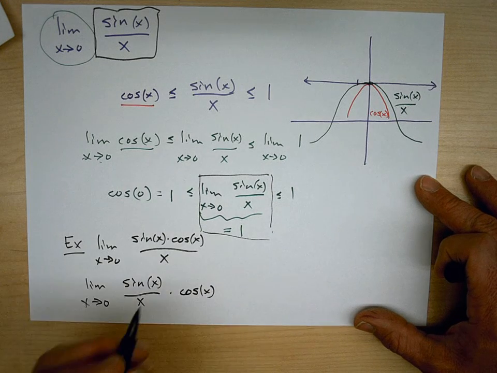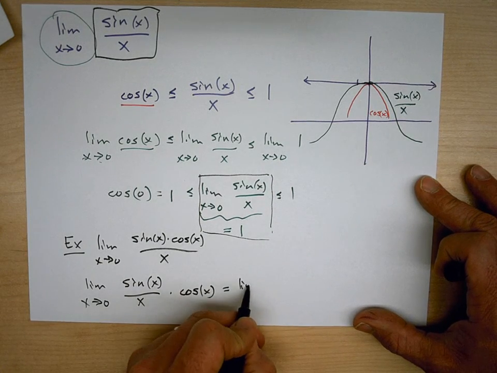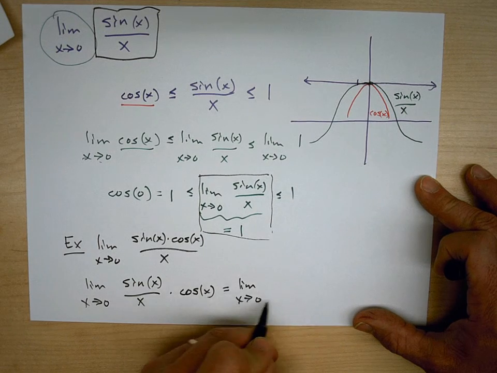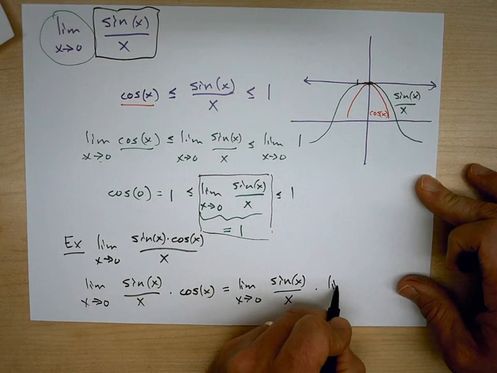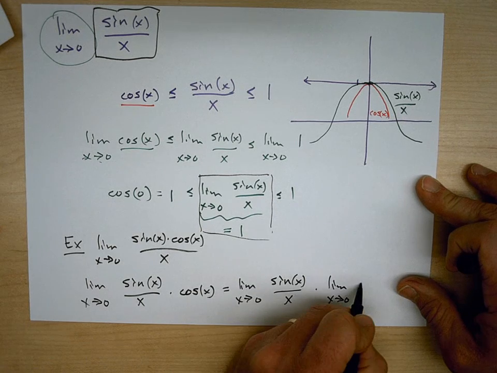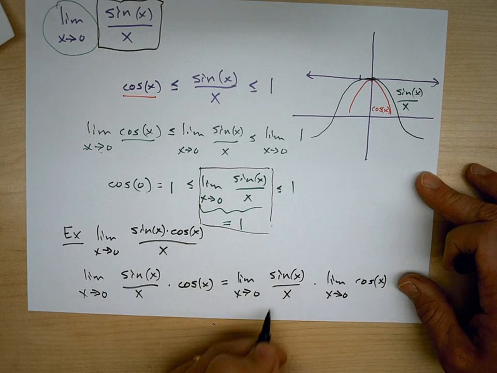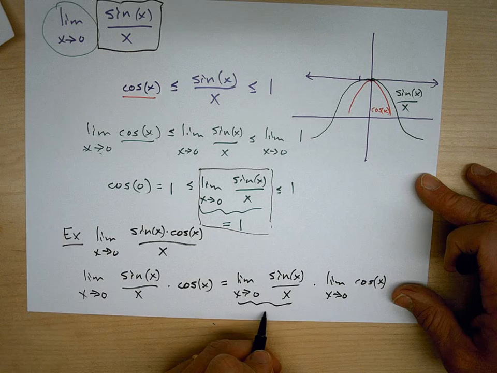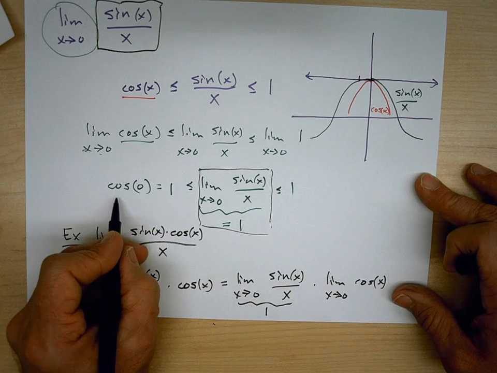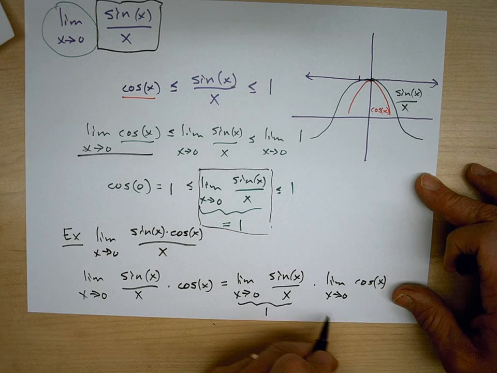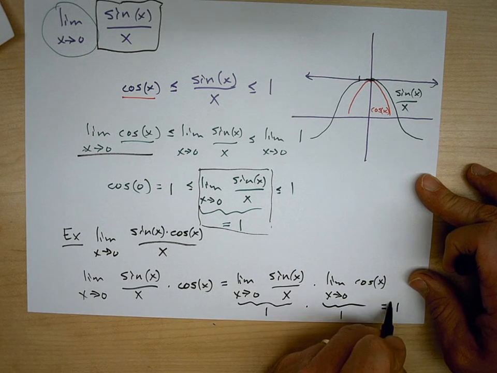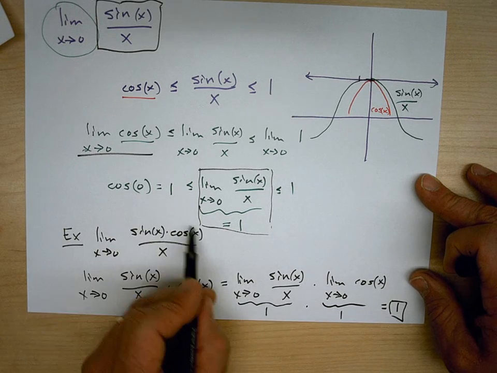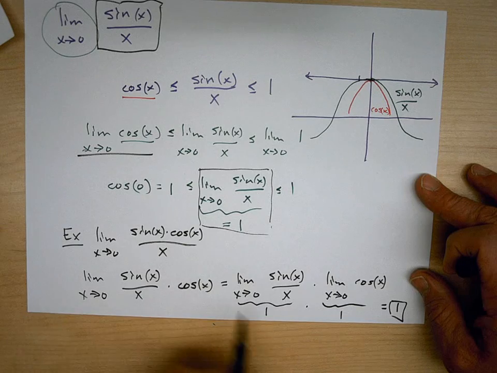So now we can use that property: the limit as x approaches 0 of sine of x over x times the limit as x approaches 0 of cosine of x. Well, this we know is 1. This actually we just did up here, right? That's also 1. And 1 times 1 equals 1. So again, the idea is to isolate something that looks like sine of x over x.